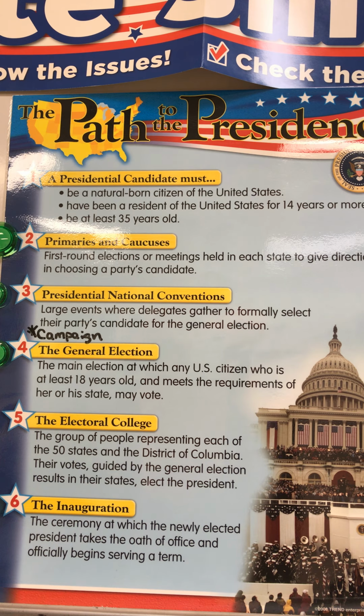Then we move to Election Day, which is coming up next Tuesday. That's called the general election, the main election at which any U.S. citizen who is at least 18 years old and meets the requirements of his or her state may vote. Right now we're in early voting, and today is the last day for that.